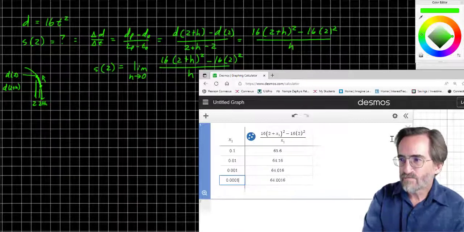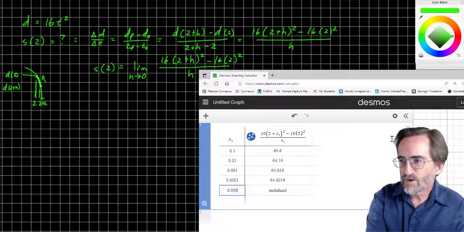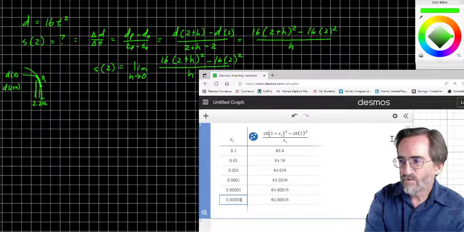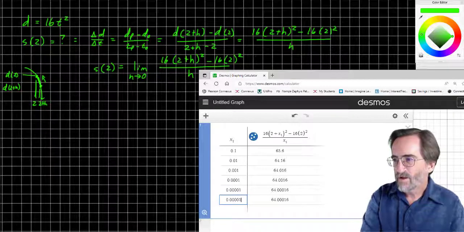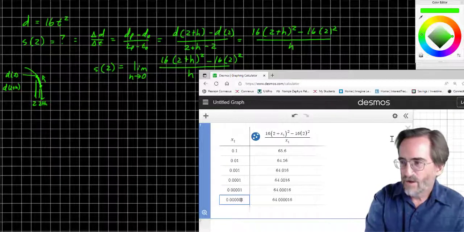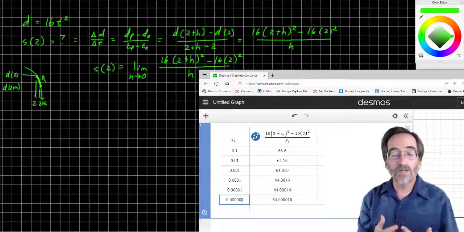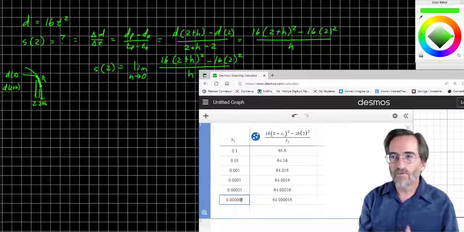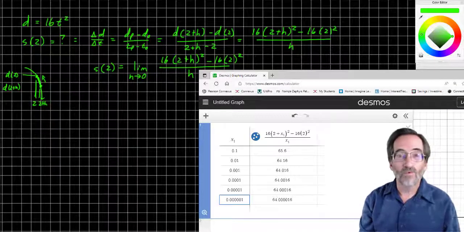And what is happening to our output values? Okay, I need another 0 here. You may notice that they're getting closer and closer to 64, right? And that's what we call the limit as h approaches 0 from the right-hand side.